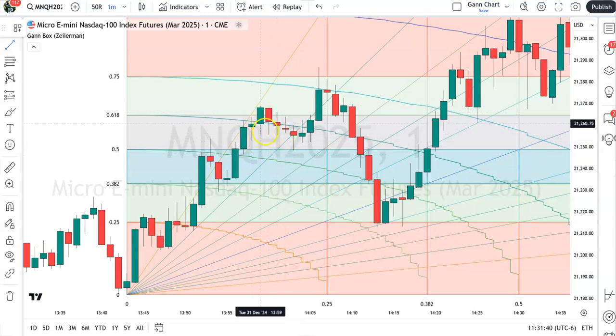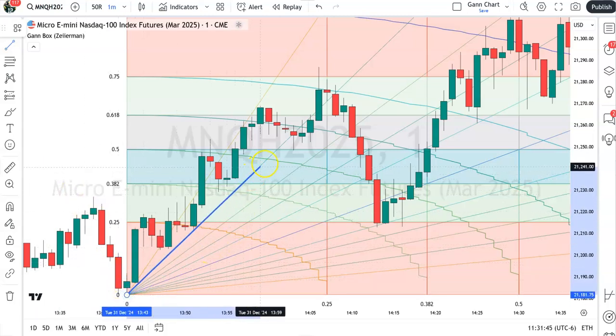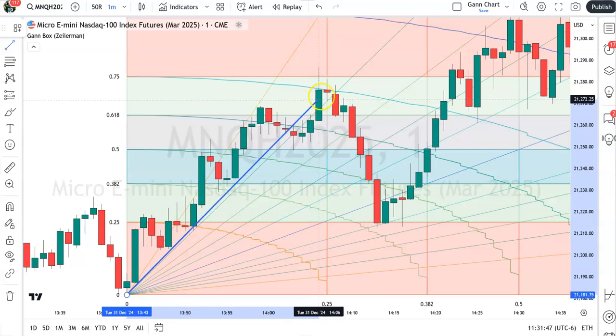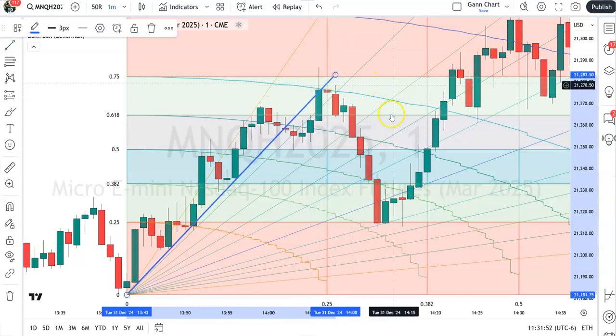Let's just see if we could do the same thing here. If I were to draw a trend line on the way up, normally when we draw a trend line, we want at least 2 points of contact. So we'd have this low, 1, 2, that pierced through it, 3, hard to say.